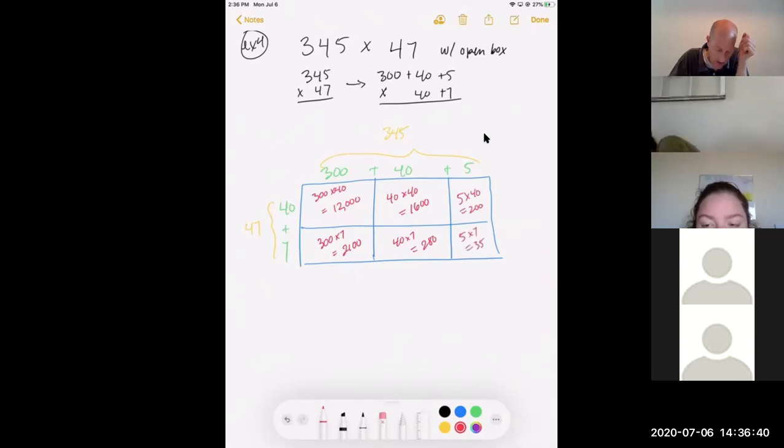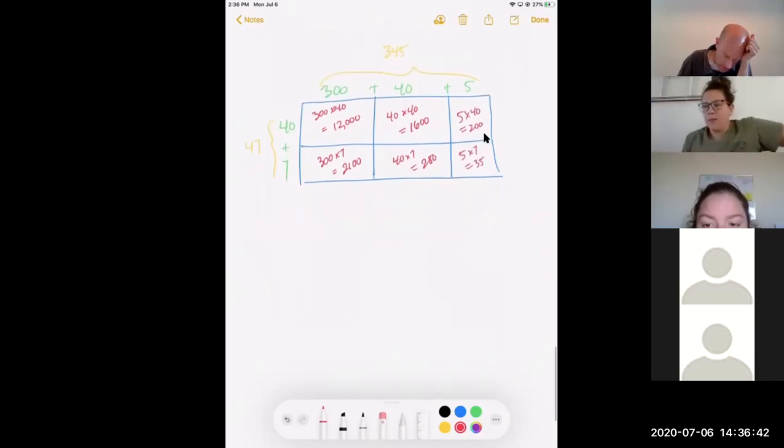And so we add up all of those partial products. 12,000, 1,600, 200, 2,100, 280, 35.